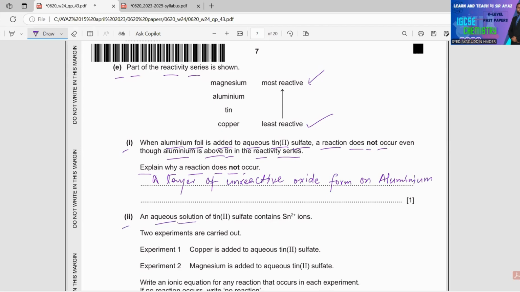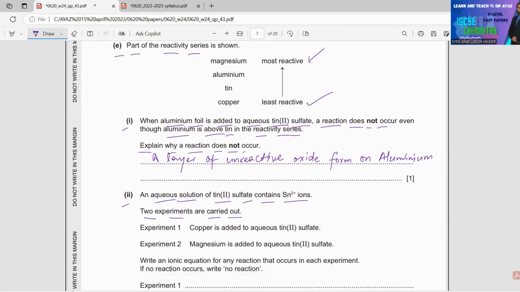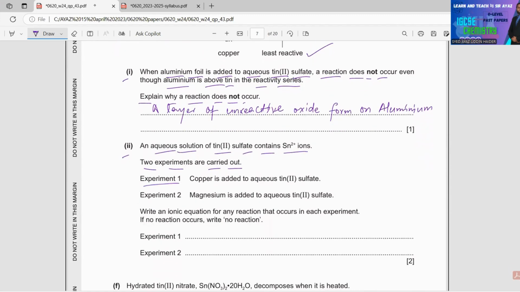Part 2. An aqueous solution of tin(II) sulfate contains Sn2+ ions. 2 experiments are carried out. Experiment 1: copper is added to aqueous tin(II) sulfate. Experiment 2: magnesium is added to aqueous tin(II) sulfate. Write an ionic equation for any reaction that occurs in each experiment. If no reaction occurs, write no reaction.